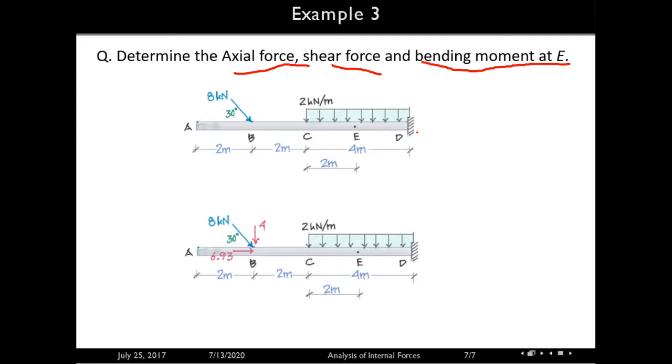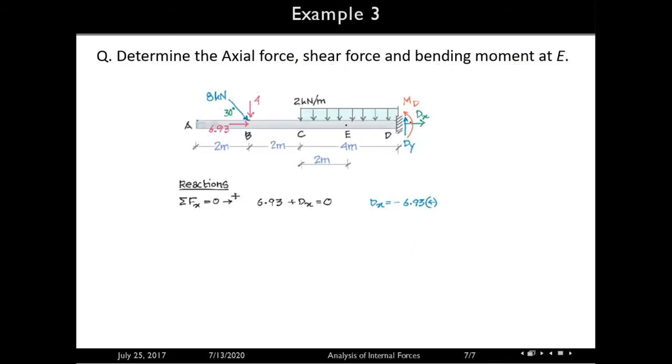One will be in vertical direction, one in horizontal direction, and one will be a moment. So we have replaced this fixed support with 3 reactions, and now we are asked to calculate shear force and bending moment at E. Before that we need to calculate the reactions first.